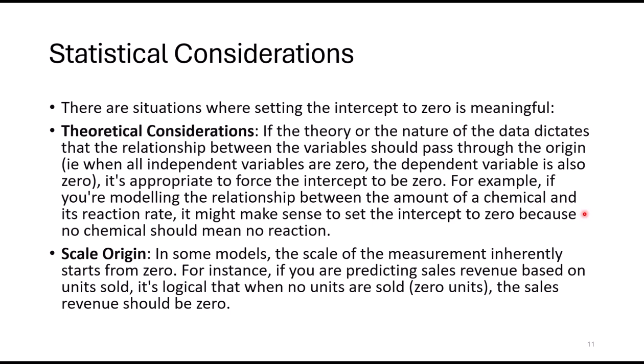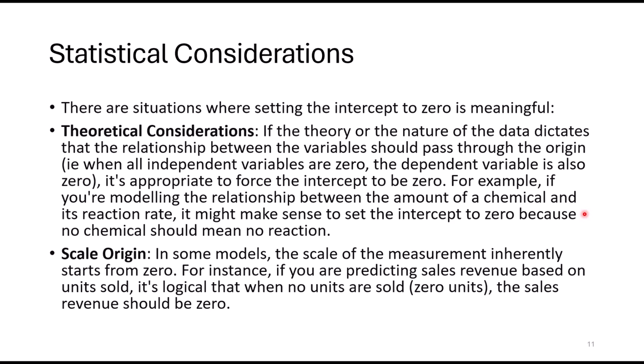Theoretically, if the theory or the nature of the data dictates that the relationship between the variables should pass through the origin, i.e. when all independent variables are 0, the dependent variable is also 0, it's appropriate to force the intercept to be 0.